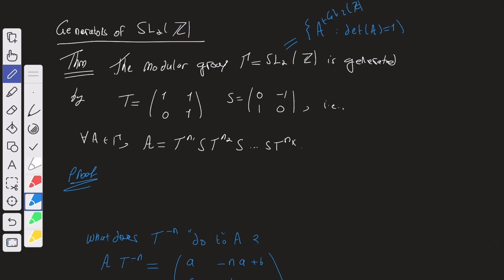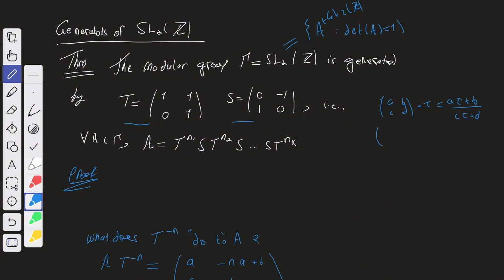What we'd like to show in this video is that SL2Z is generated by the two elements, the matrix T and the matrix S. But before that, let us quickly see how T acts on an element of the upper half plane. If you remember, we defined the action of a matrix (a, b, c, d) on tau as (a tau plus b) over (c tau plus d).